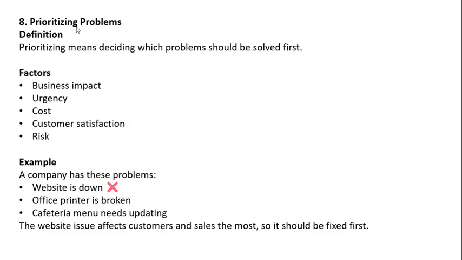Eighth is prioritizing problems. Prioritizing means deciding which problem should be solved first. The factors are business impact, urgency, cost, customer satisfaction and risk. For example, a company has these problems: the website is down, the office printer is broken, and the safety area menus need updating.